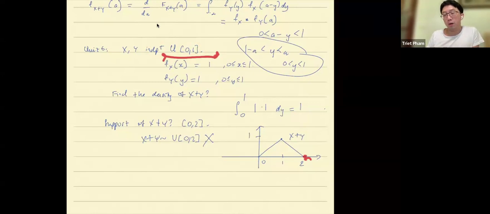One way, 1 and 1. Same thing with 0. How many ways can you sum up to 0? One way, 0 and 0. How many ways can you sum up to 1? Quite a lot.